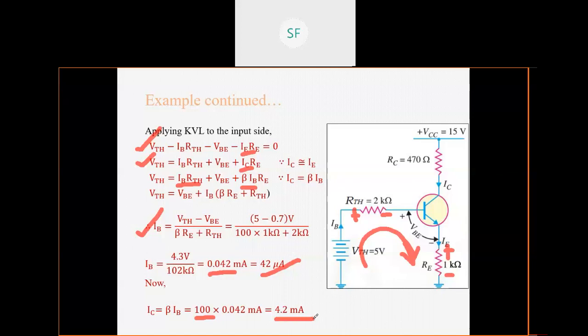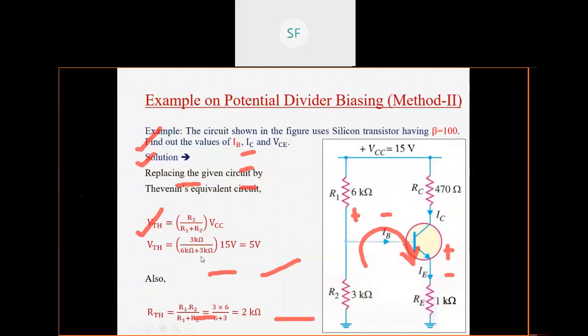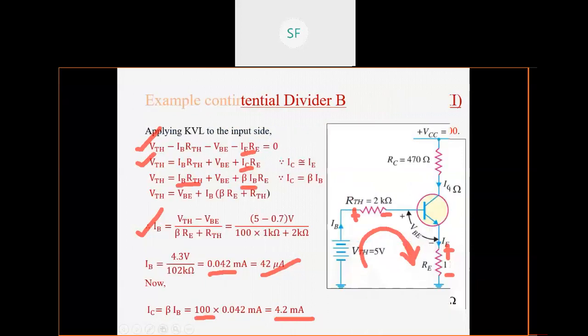Beta equals 100, where is it given? It is already mentioned in our problem. See here, beta equals 100. They will give you the value of beta.